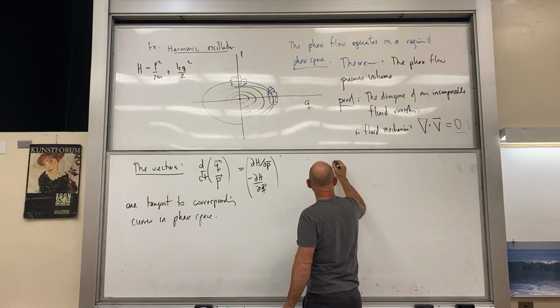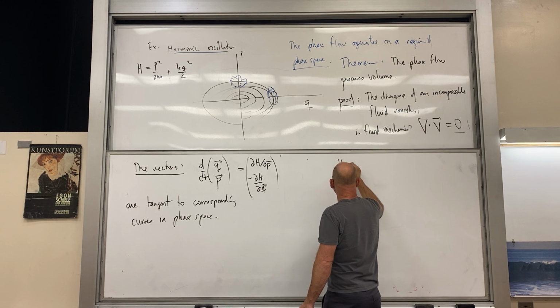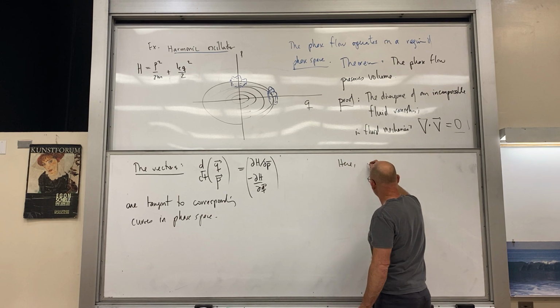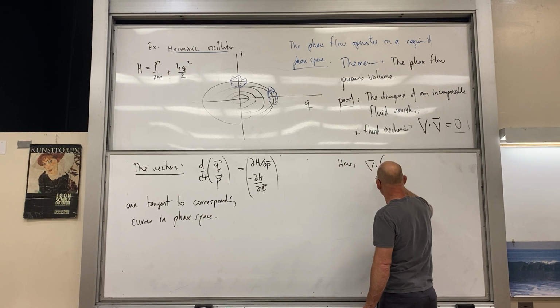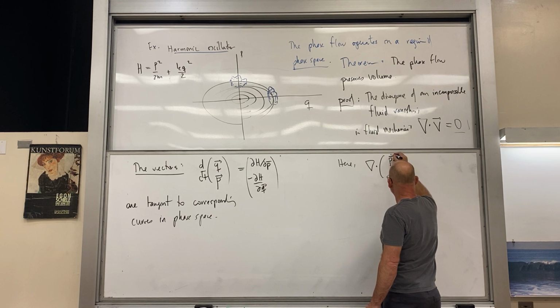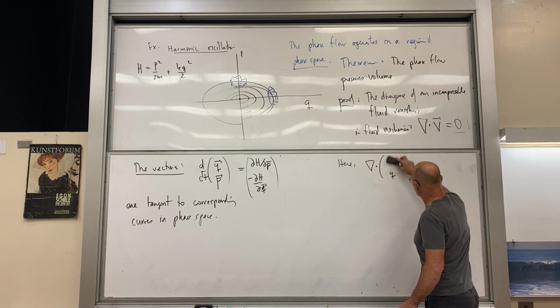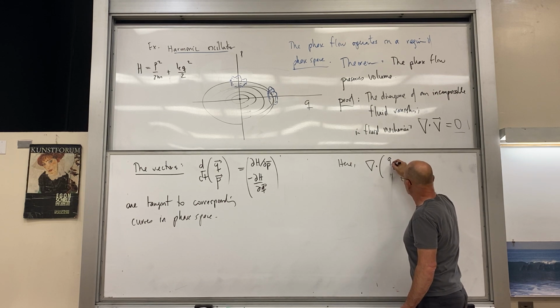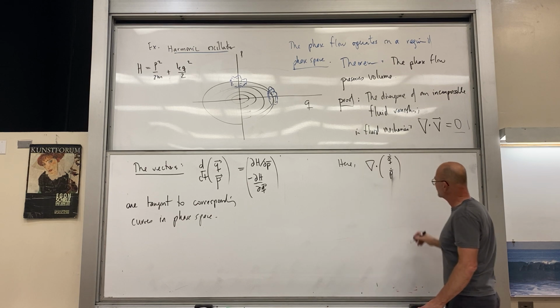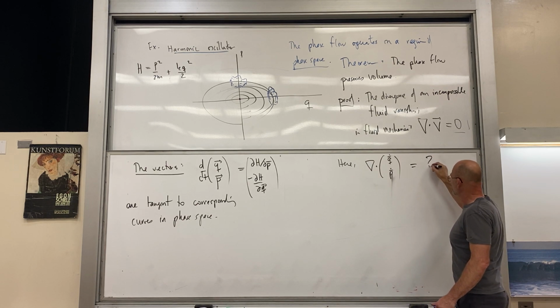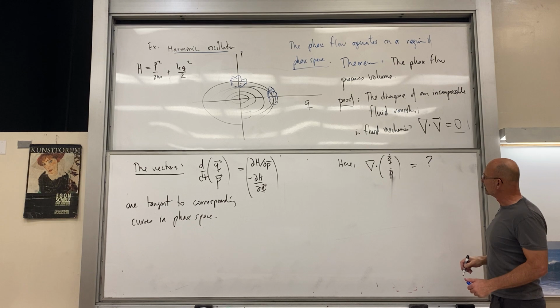So here we're trying to do the divergence of (q dot, p dot), with q on top. What is that equal to? Does that actually vanish?